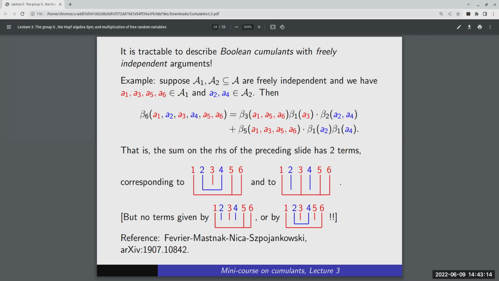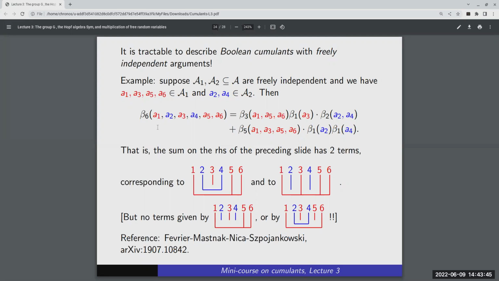It is an interesting and promising thing that you can study free independence by using Boolean cumulants. Here, when I say beta, I mean kappa superscript Boolean. Somehow this sneaked in from some older writing. So these betas are actually kappa superscript Boolean, the Boolean cumulants of A phi.